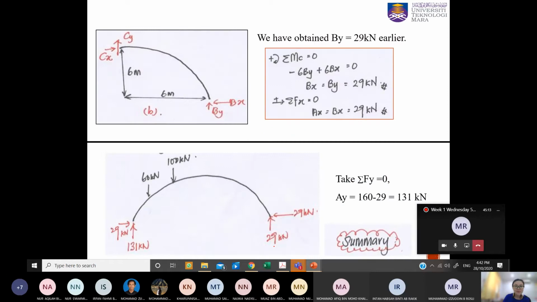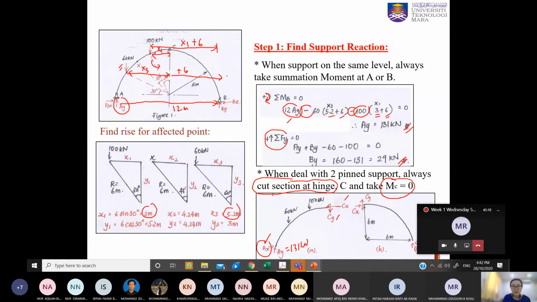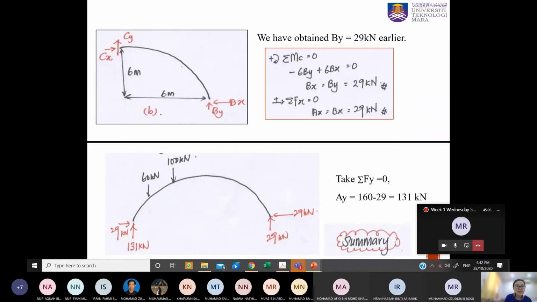So how do we do that? Here I show 2 sections, but now I consider section CB. No worries, we're still taking MC equal to 0. BY we have already obtained is 29 kilonewton. In this system, we know that this is O, with a radius of 6 meter, to get this C. Remember this is a crown.